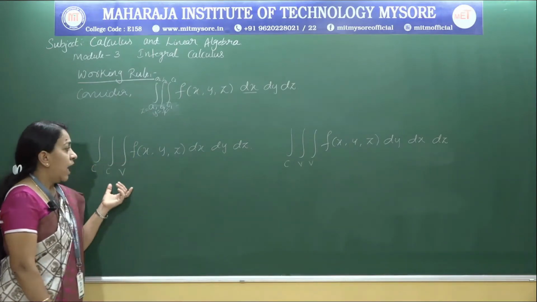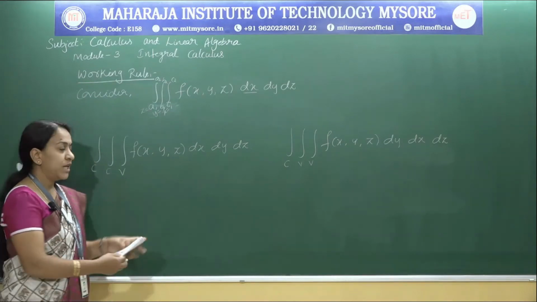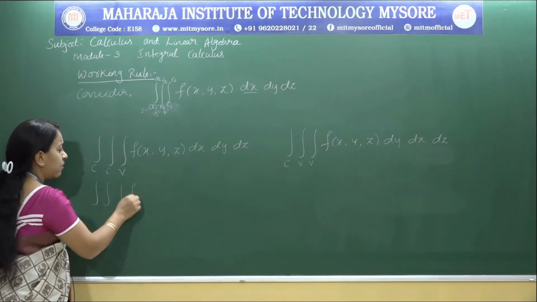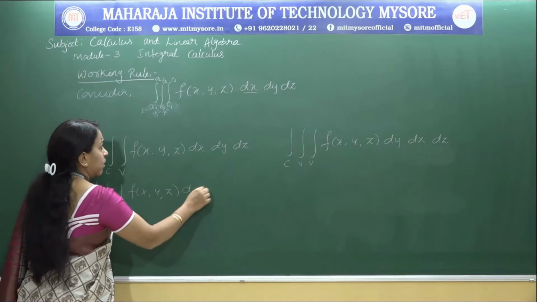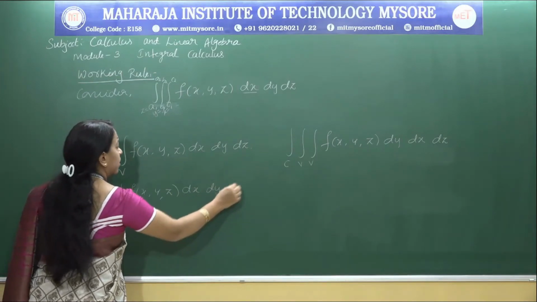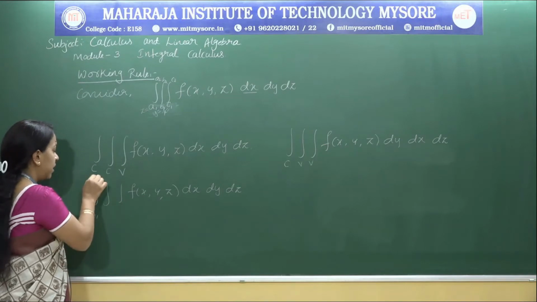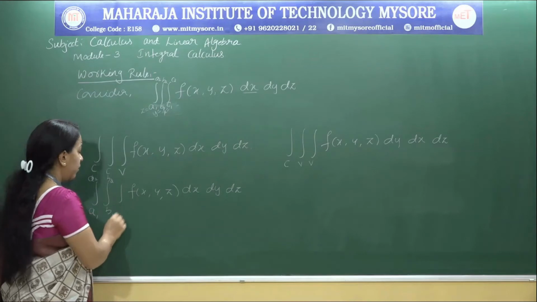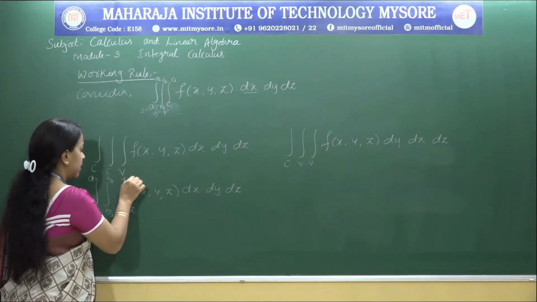Now, if I have two constant limits and one variable limit, for example, if I consider a triple integral of some function f of x, y, z, dx, then dy and then dz. So here I have constant limits a1 to a2, b1 to b2, and the variable limit may be y minus z to y plus z.